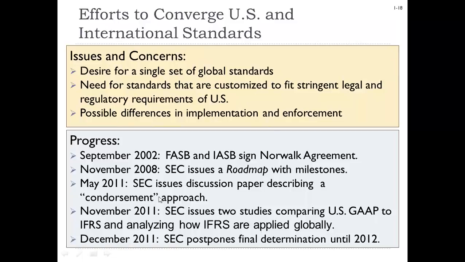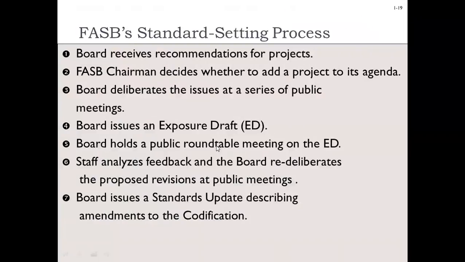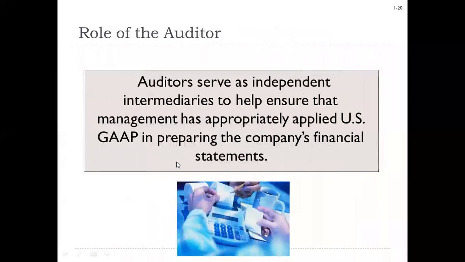There's been some effort to consolidate or converge and bring those together. It's been ongoing for more than 10 years now. Unfortunately, it still hasn't been accomplished or implemented. So there are still two separate sets of rules. Okay, so don't worry about this so much.